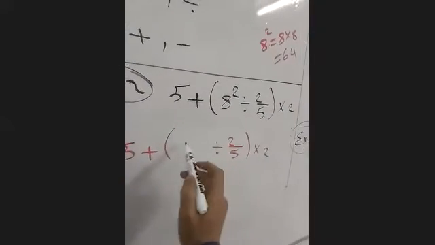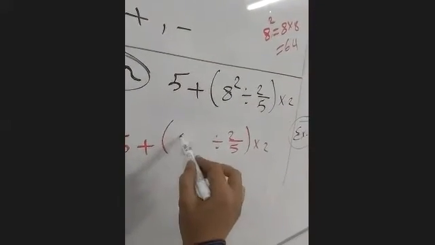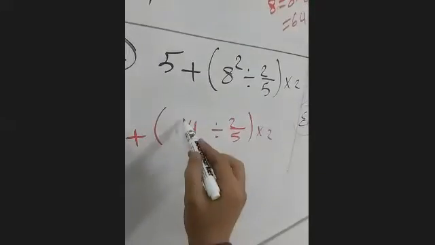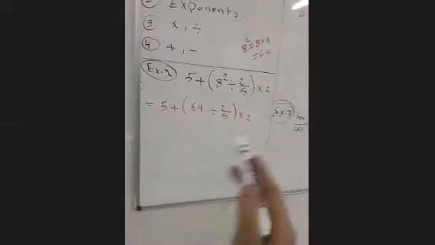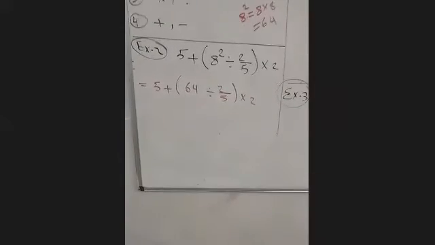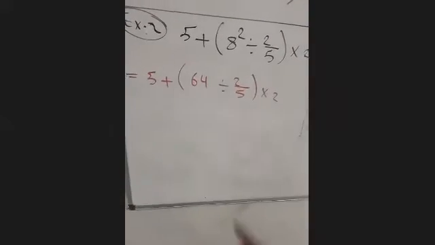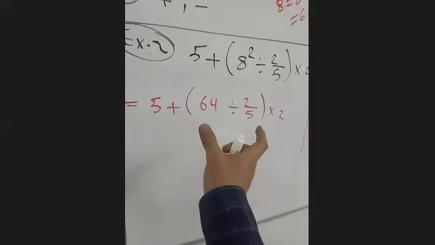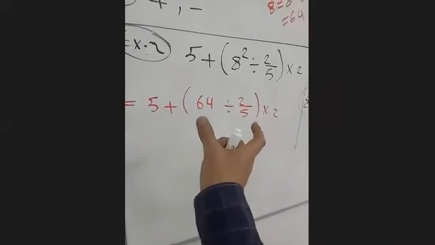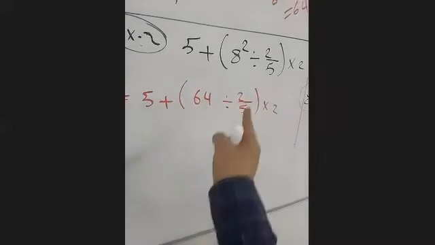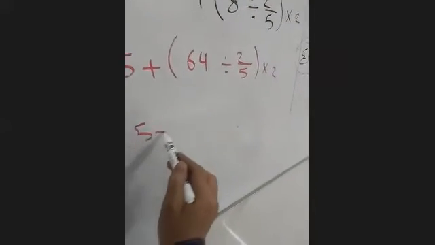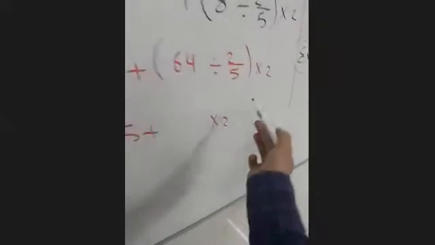So here I will put 64. Did I get rid of the brackets yet? Not yet, because it has another step. So the parenthesis stays with me. After I finish this step, I get rid of it. So the 5 plus and multiply by 2 stay the same.